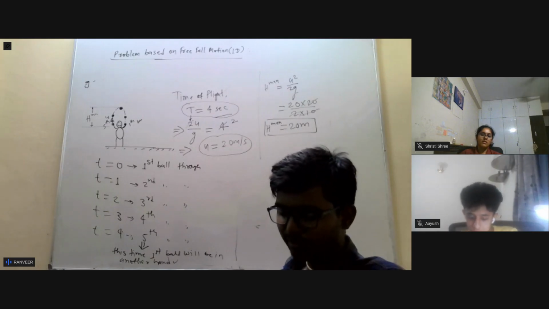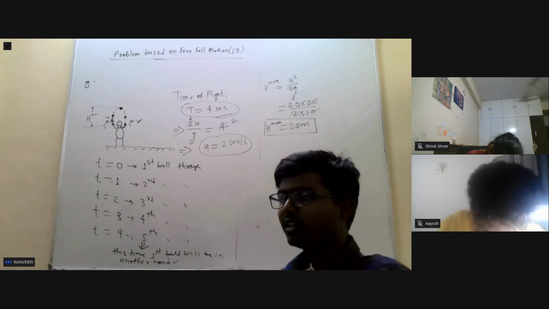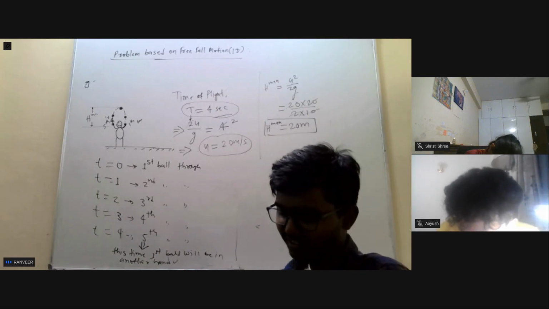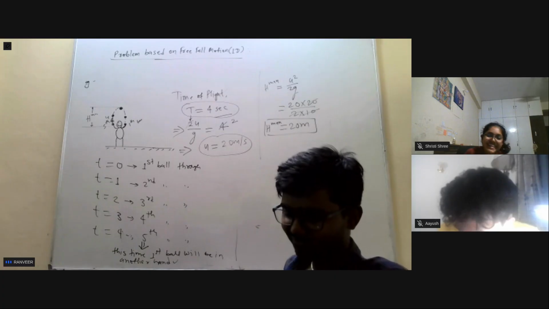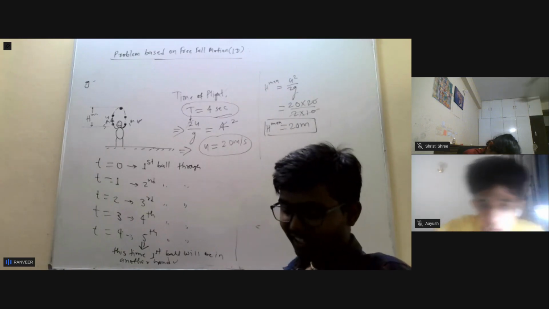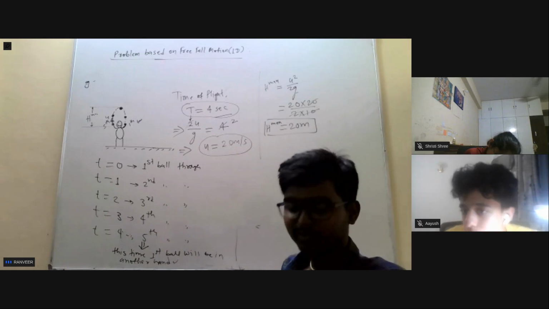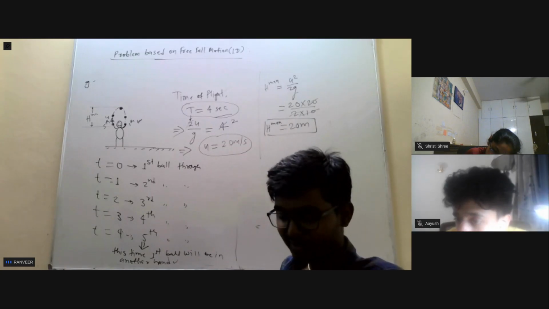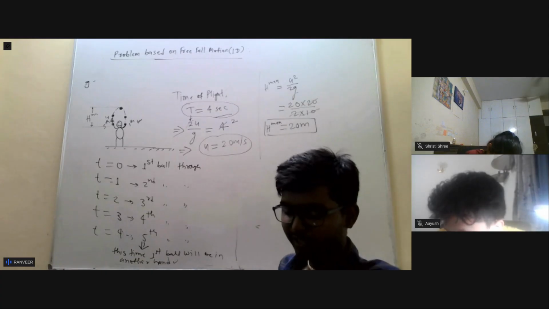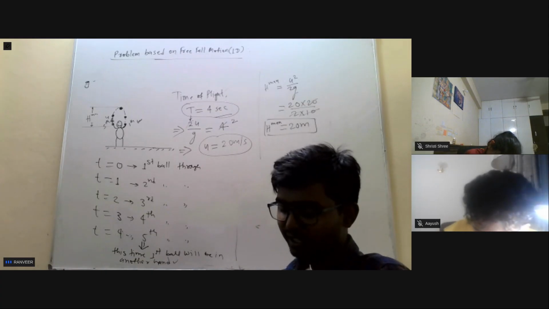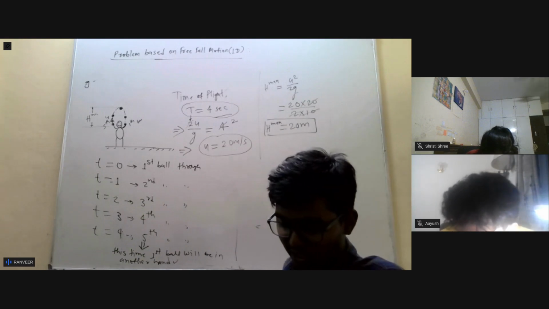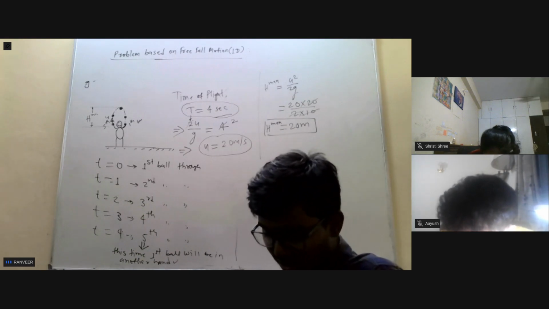A juggler is juggling 11 balls simultaneously. It seems he is an expert juggler, more expert than the last juggler. The time gap to pass a ball from one hand to the other hand is 0.5 seconds.